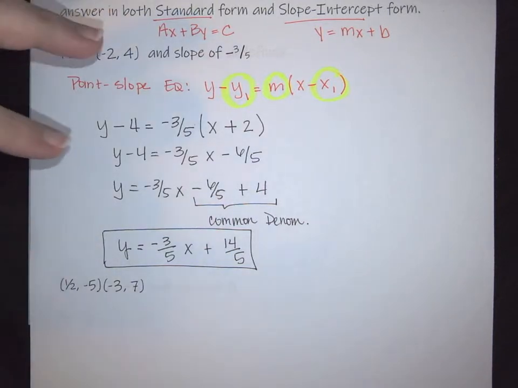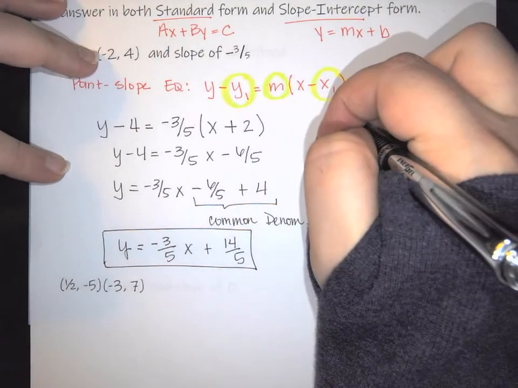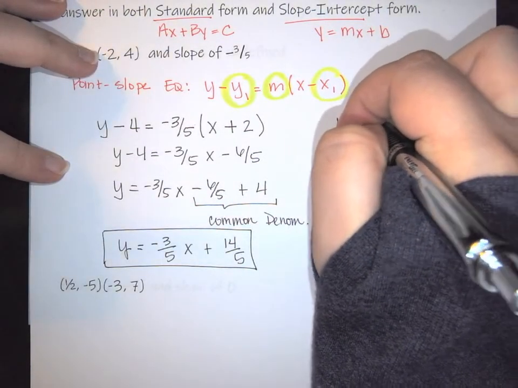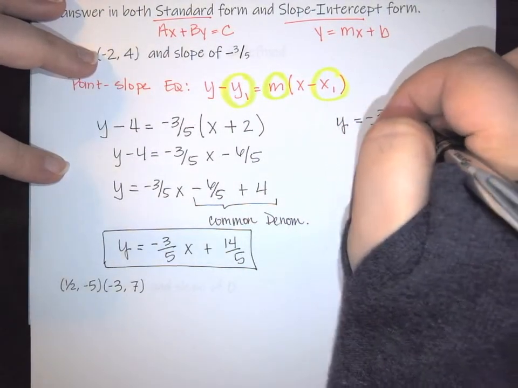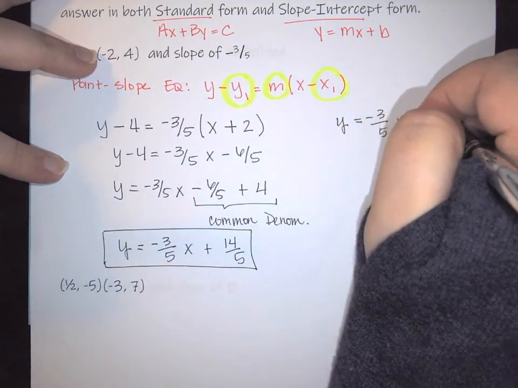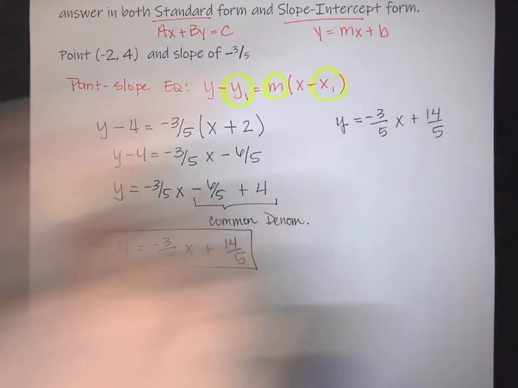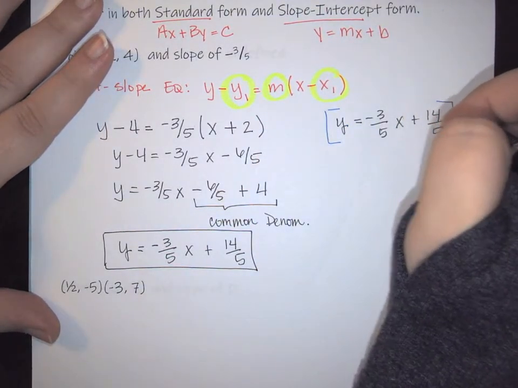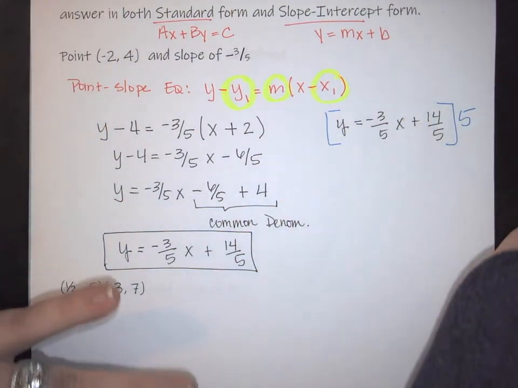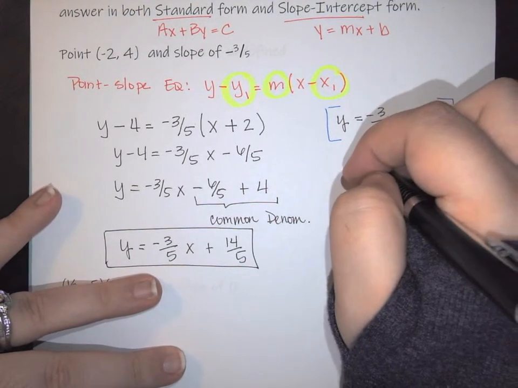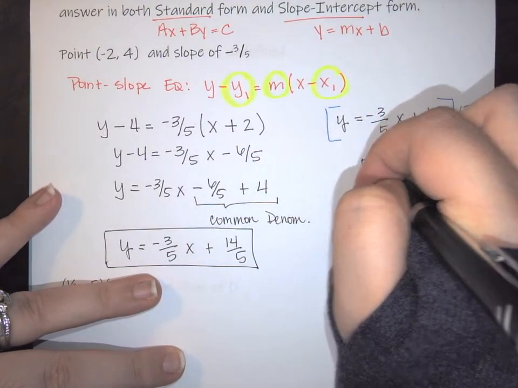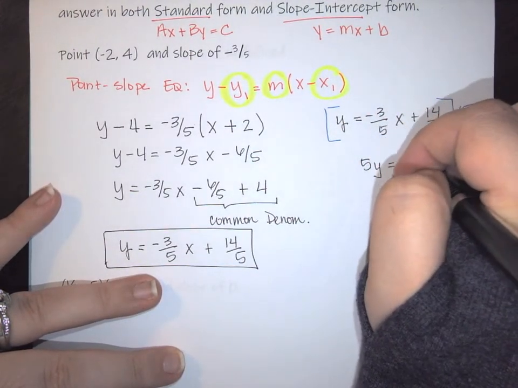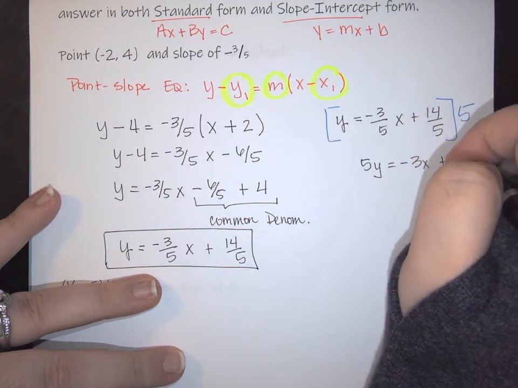Okay. So we are starting with y equals the negative 3/5 x plus 14/5. And what we're going to do is multiply this whole thing by 5 to get rid of your denominator pieces. So this becomes 5y equals negative 3x plus 14.